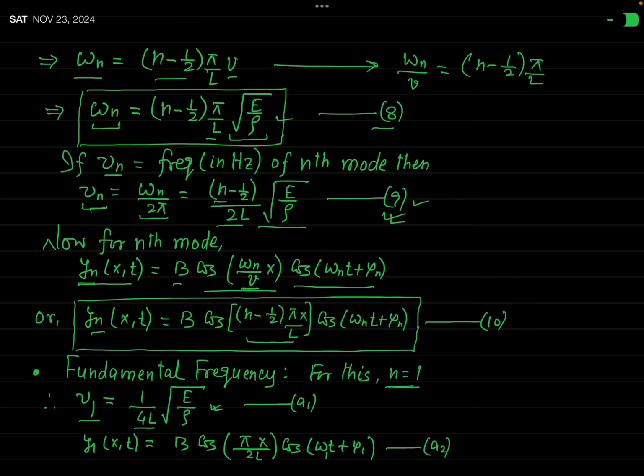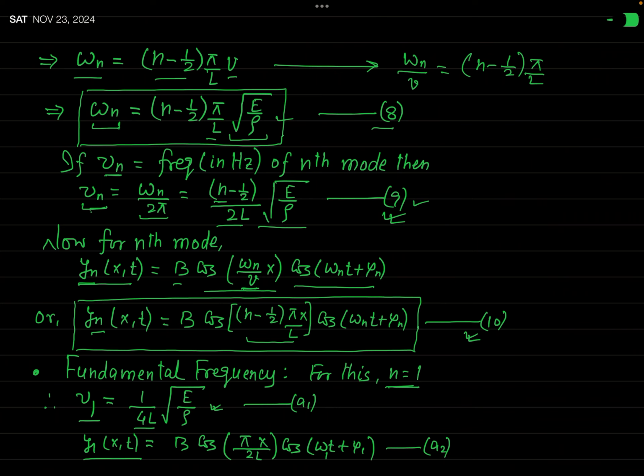Okay. Now for getting the shapes of this normal mode vibration, we will substitute n equal to 1 in this equation number 10. Okay. So you can see I have replaced everywhere this n by 1. So in LHS you will write y1 of xt.